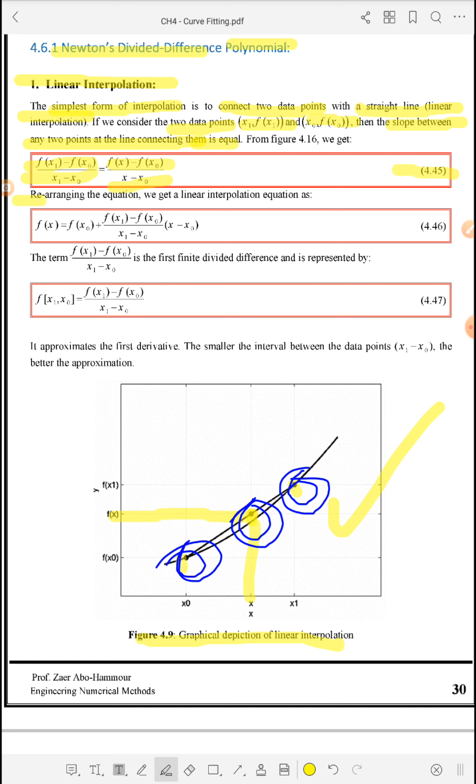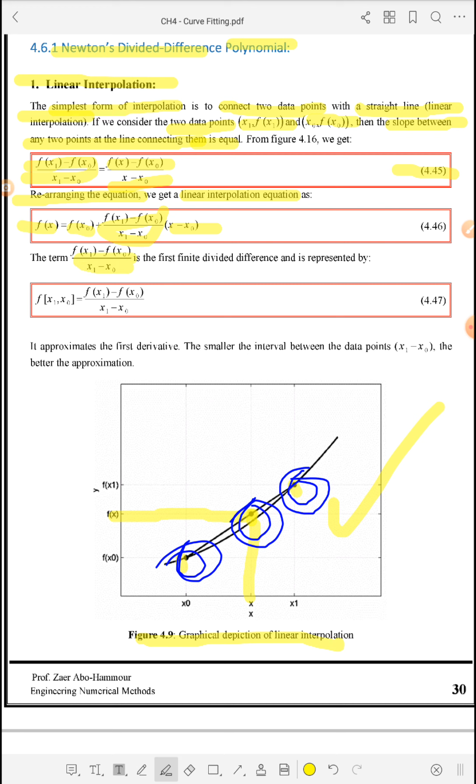So if we arrange this equation, we get the final formula for the linear interpolation: f of x will be f of x naught plus this term, which is the slope, multiplied by x minus x naught.